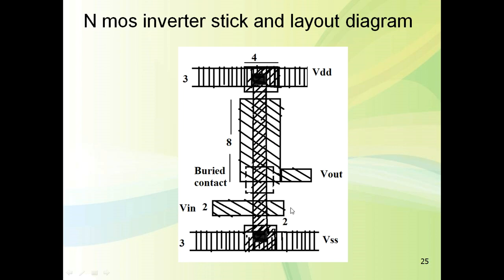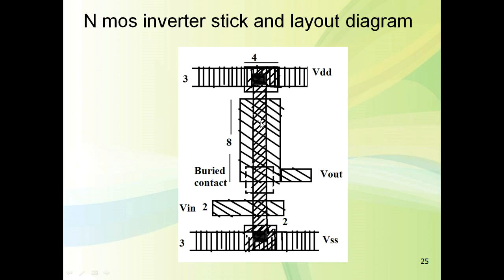In the stick diagram, the size of the transistor is shown by 1:1. The minimum feature size of the transistor is 1:1, because 1 lambda is the width and 1 lambda is the thickness. The enhancement mode transistor is formed.